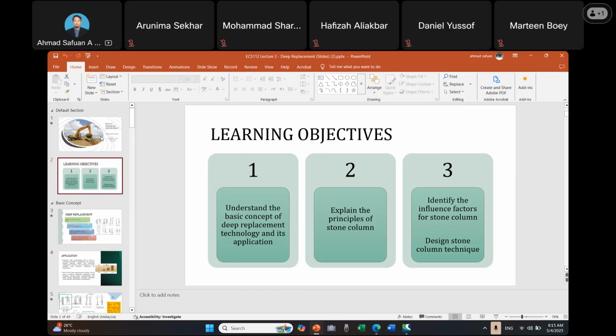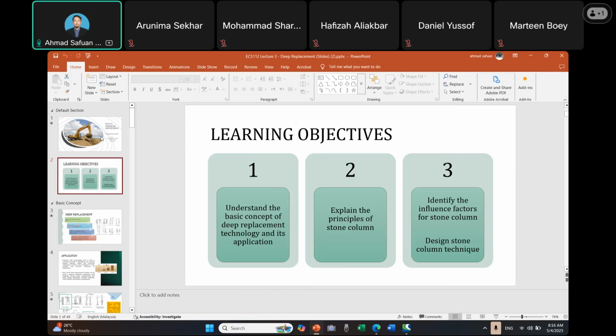On the design, we may learn to determine the settlement, and if I'm not mistaken, also the bearing capacity. I have also shared the calculation on the design of the stone column.